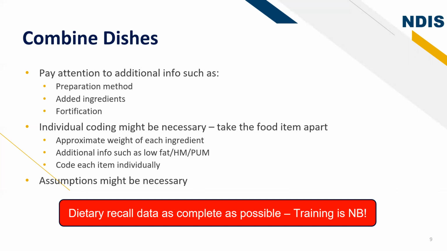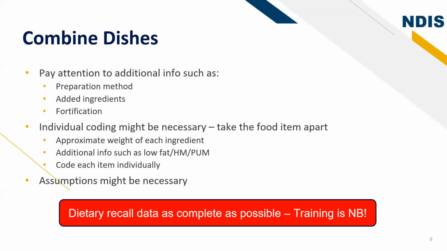So it's important you write down the recipe as such, and then indicate the ratio of each ingredient. Then additional information, such as milk, was it low fat or full cream, was it hard margarine or polyunsaturated margarine, also needs to be added. And then those items would be coded individually.